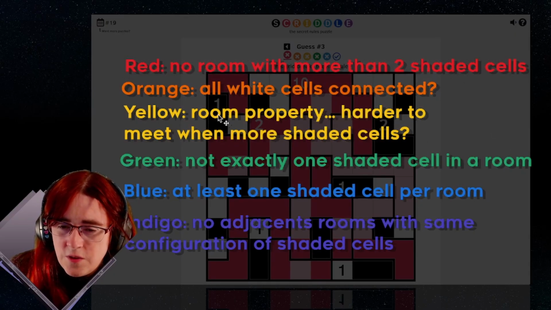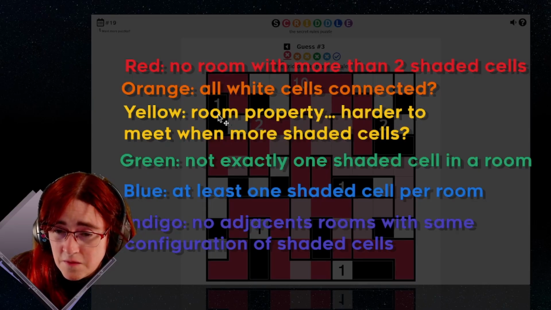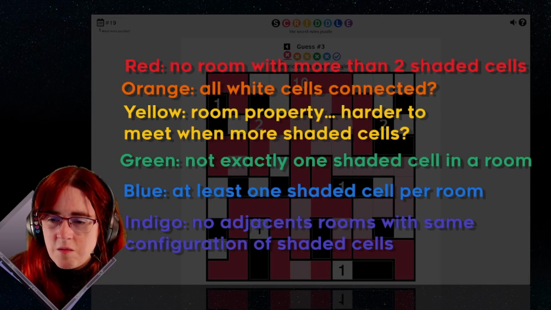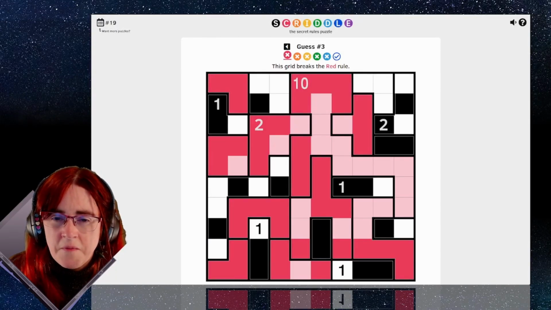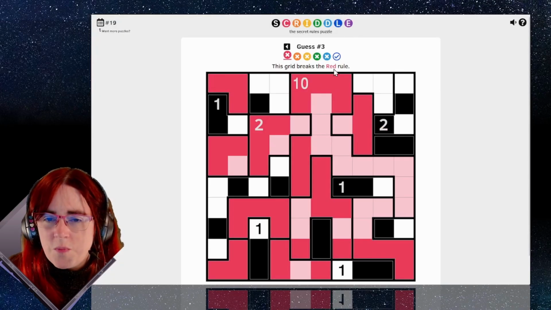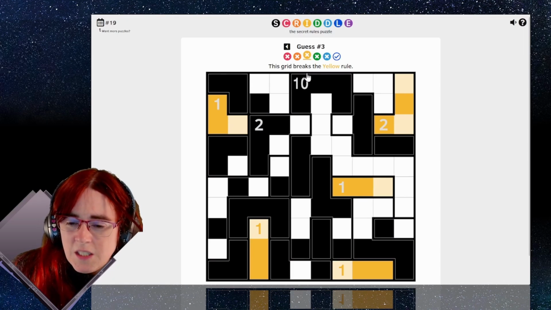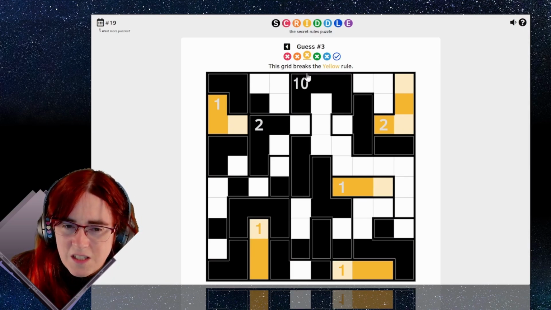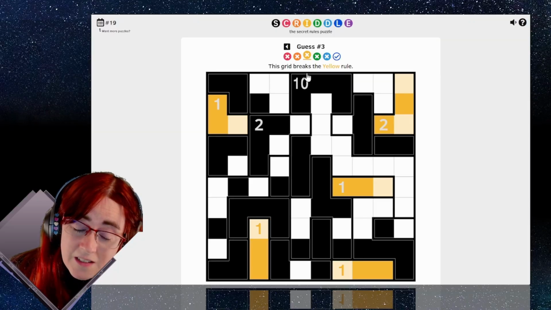So the yellow one must be the one that uses the numbers. And it's harder to meet when there are more shaded cells. Is it something like there must be a contiguous group of exactly that number of shaded cells? No, it can't be that.